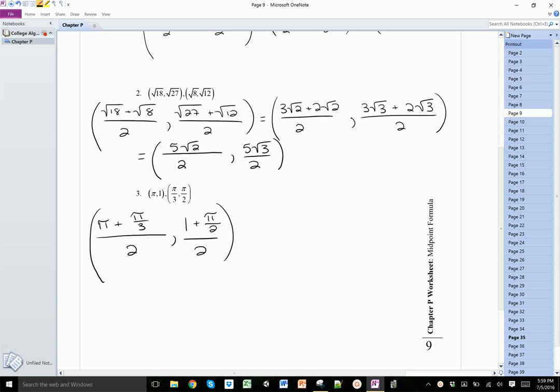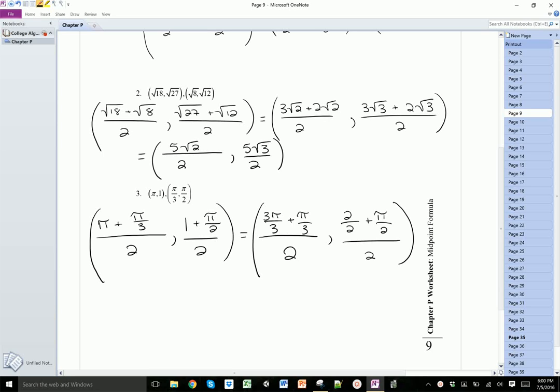If I want to combine these two fractions, they both have to have a denominator of 3. So I would need to rewrite pi as 3 pi over 3. And for this one, I would need to rewrite 1 as a fraction with a denominator of 2, so it would be 2 over 2 plus pi over 2, whole thing over 2.